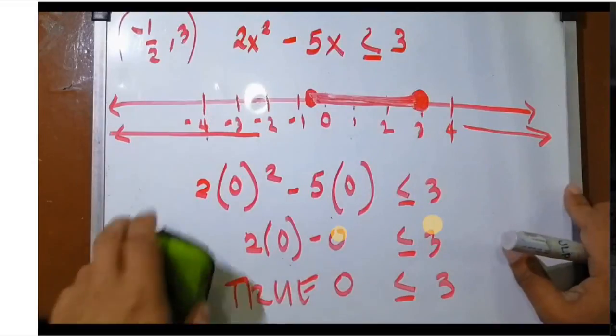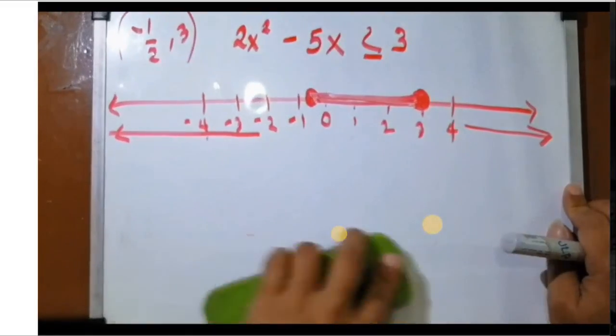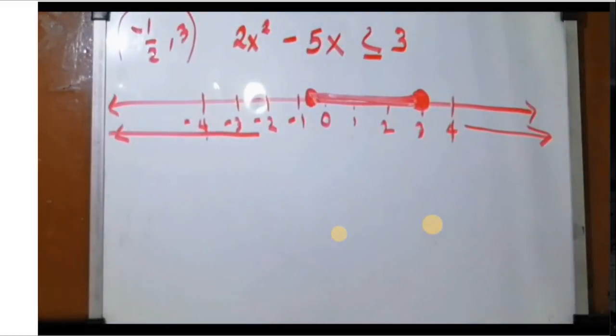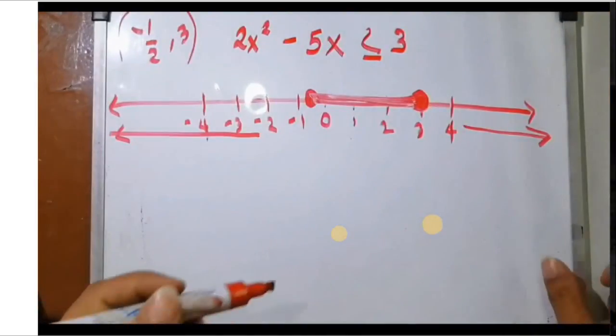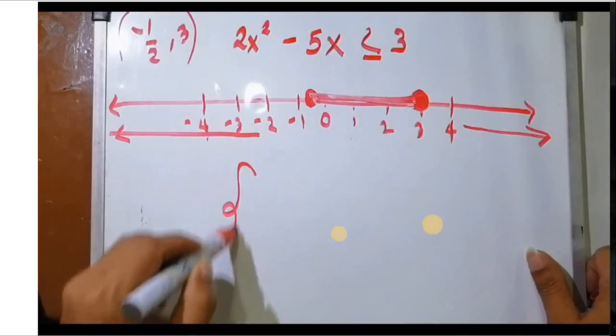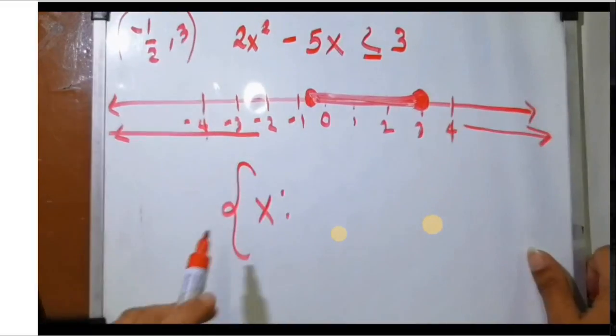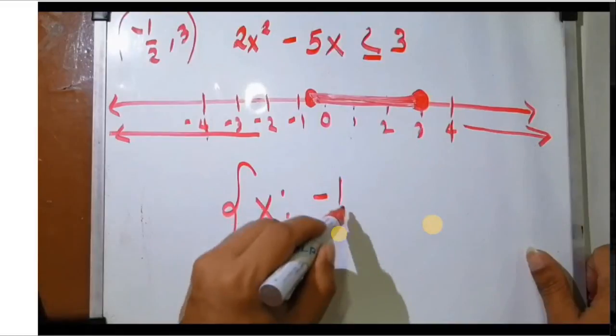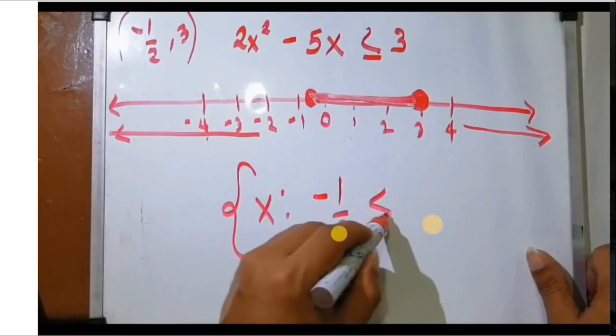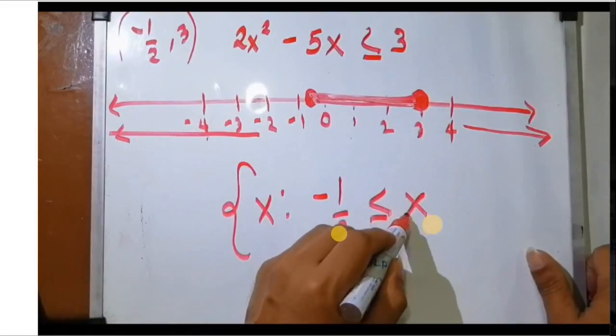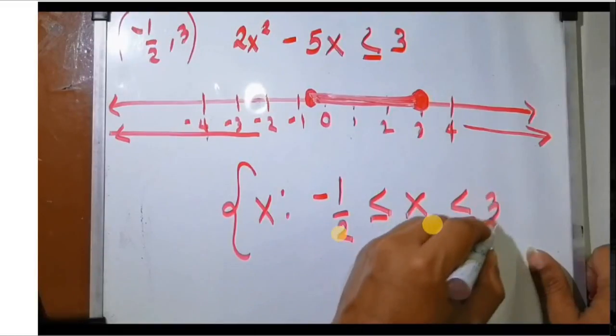So, paano natin siya isusulat? Okay? Set. So, ang ating solution set ay the set of all values of x such that negative 1/2 is less than x, less than or equal to 3.